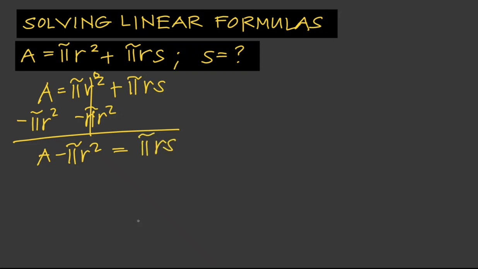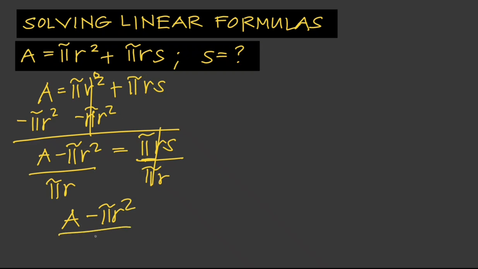So we are interested in s only, so we divide both sides by pi r. So pi r here cancels out. So our s would just be equal to A minus pi r squared over pi r. So that is our solution.